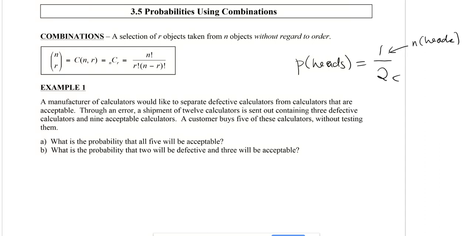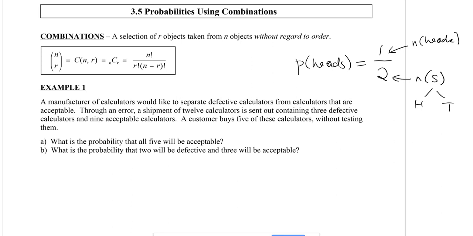And 2 is the number of all the possibilities that can happen. So for example, this could be either heads or tails. And so this idea of probability is prevalent in what we will be doing in this 3.5.